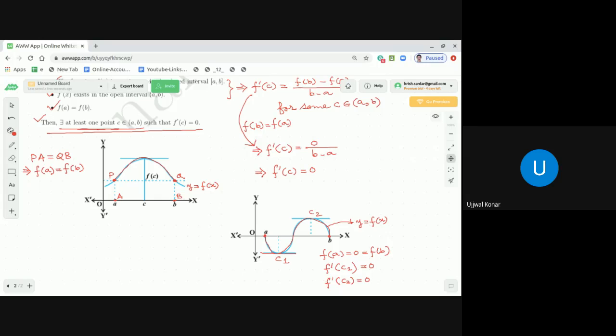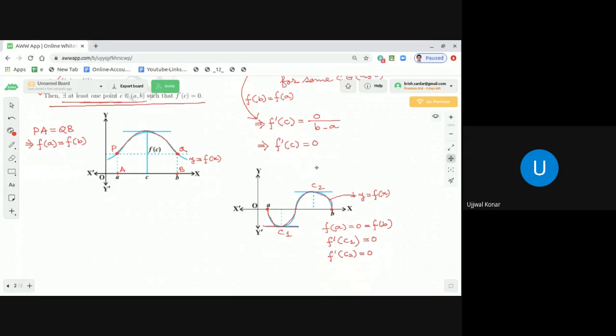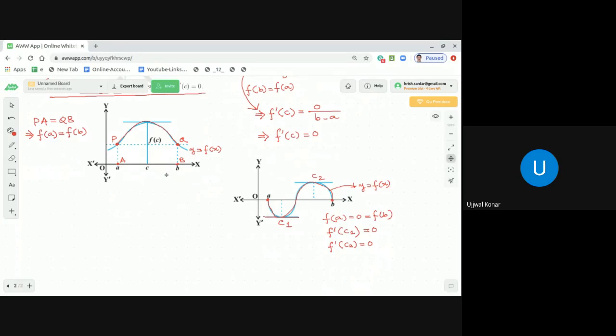Why is it so? There is another perspective we can think about this. Why does there exist at least 1 point such that f dash C equal to 0 when fa equal to fb? Let me help you to understand, dear students, by means of a pictorial diagram. Look at this function.